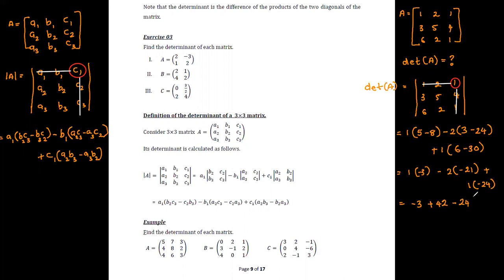If you perform this calculation, this is minus 3 plus 42 minus 24, then you will get plus 15. Therefore, you can say that the determinant of matrix A is equal to plus 15.